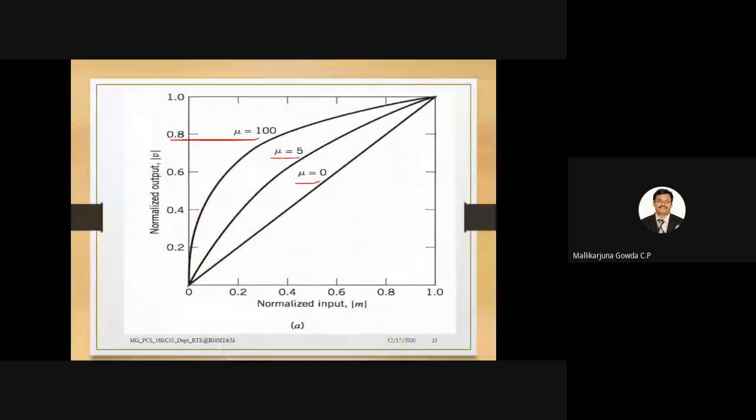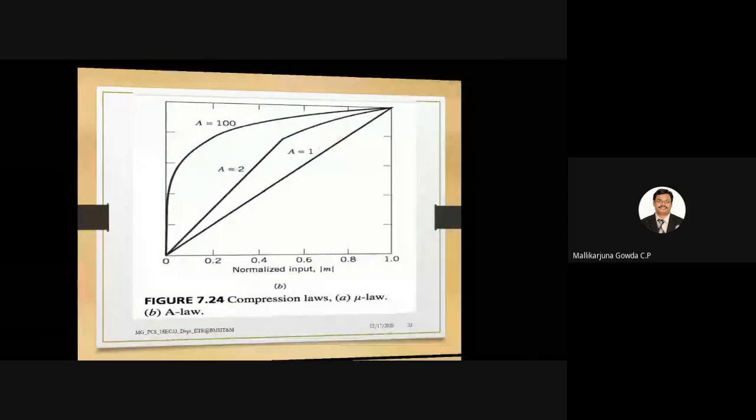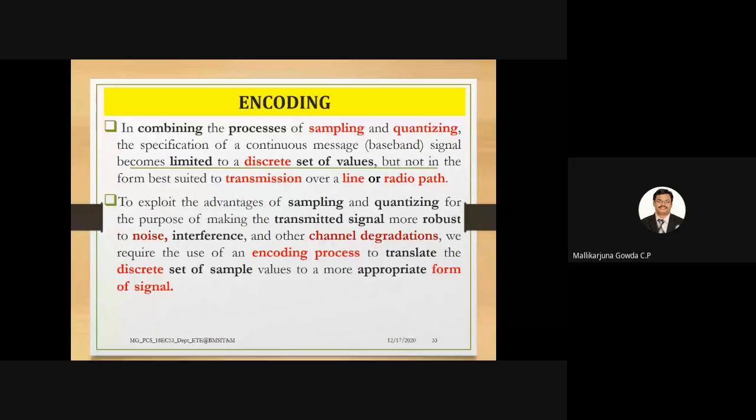This is all about quantization, whatever we have discussed so far. After quantization, the next step is encoding, so let me discuss this. Binary digits will be encoded by some waveforms.